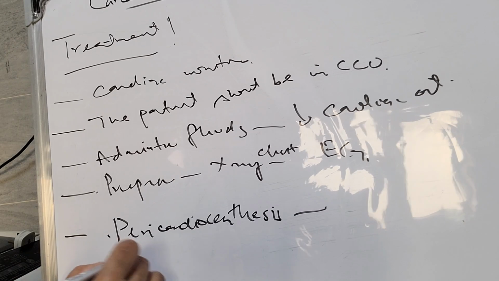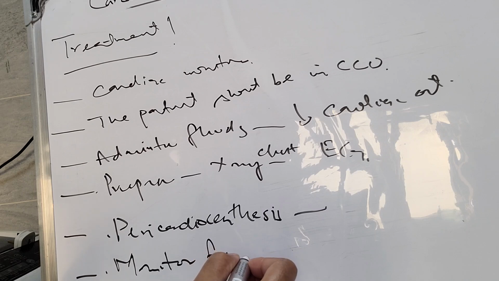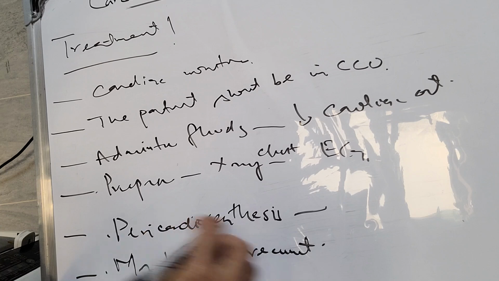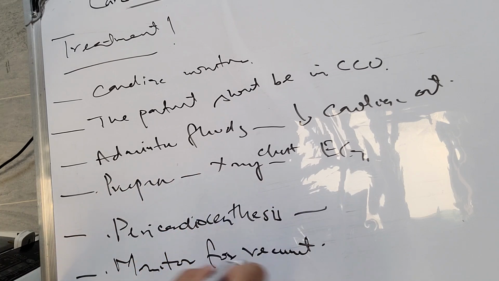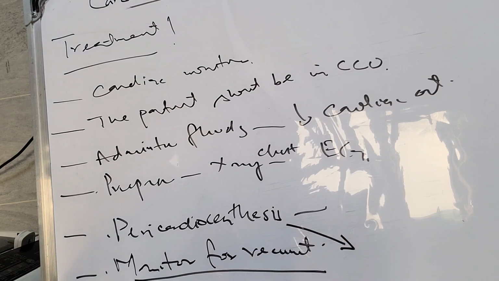Monitor for recurrence. Once pericardiocentesis is done, then we will monitor the patient. Maybe the fluid will refill again. If the client experiences recurrent tamponade or recurrent effusion or develops adhesions from chronic pericarditis, what is the last treatment?